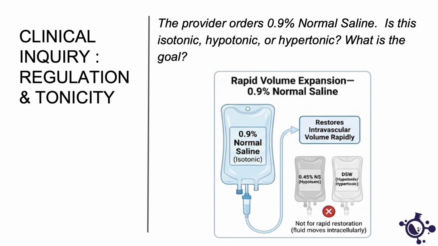The other thing that we would have to be mindful of, though, is that she does have a history of CHF. So we would want to be monitoring her respiratory status to make sure that she doesn't go into CHF because we're giving her too much fluid. Okay? But this would be an acceptable solution to give to her at this point in order to increase her intravascular volume. Okay?